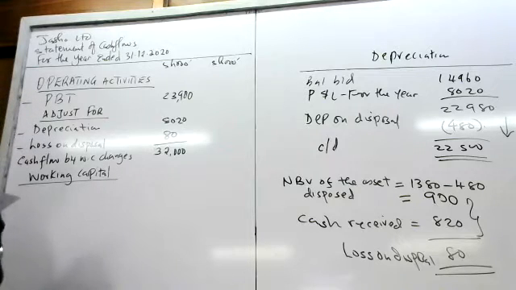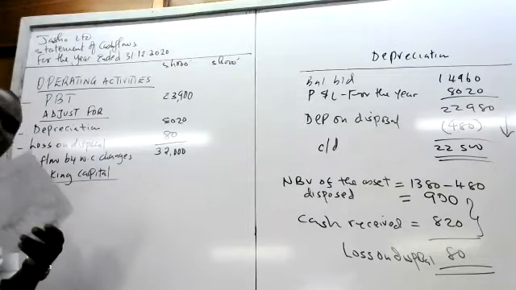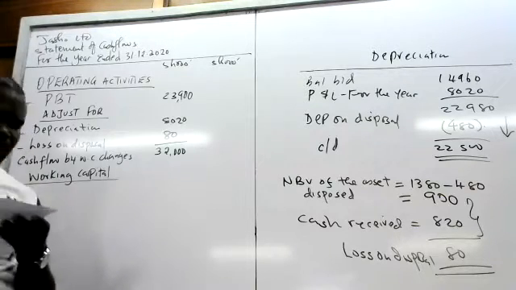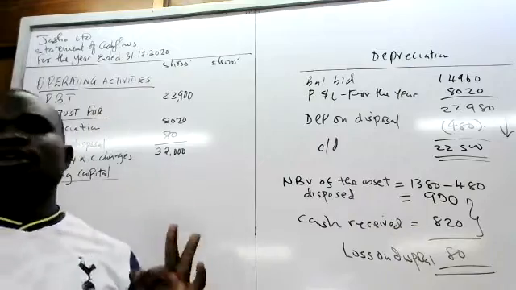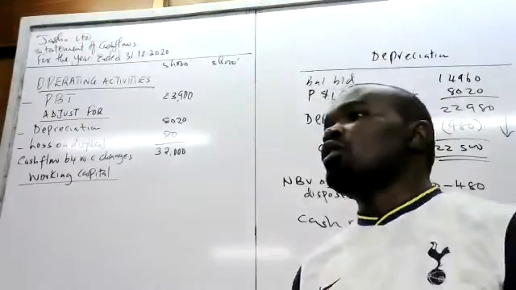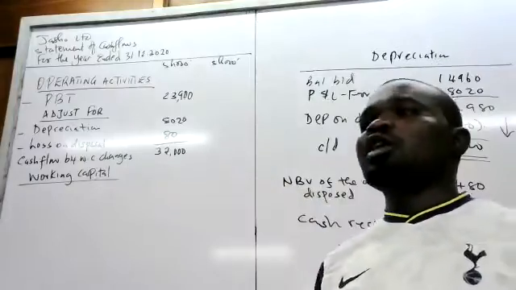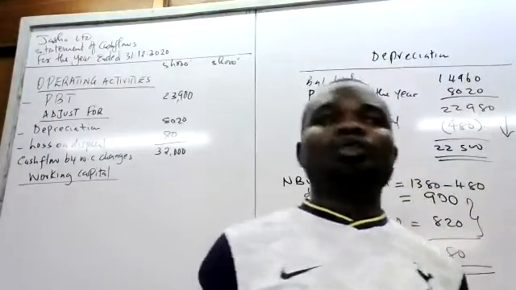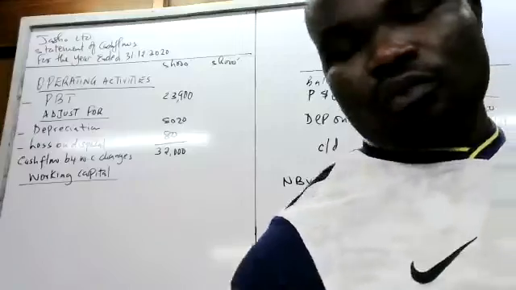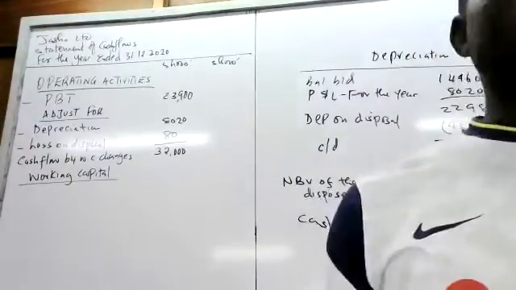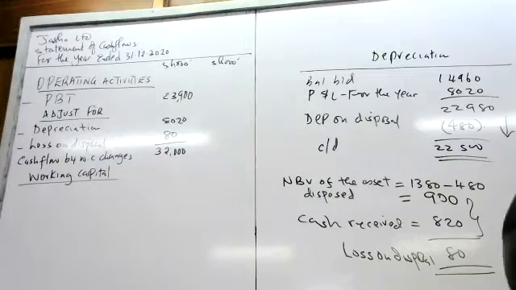So what I want you to do is check creditors, which is payables, inventory, which is stock, and debtors, which is receivables. Those three, check for me increase or decrease. Then you give me the answers. I'm just here, but you can discuss, no problem.